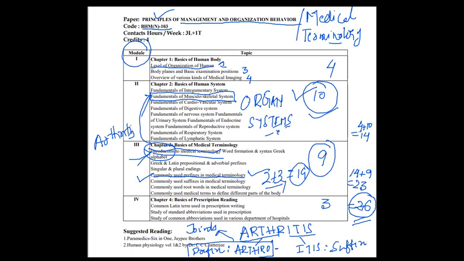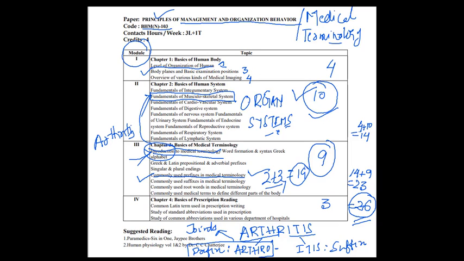Done. Once you do this, then you can move to body planes. In fact, in order to make a detailed idea of all the different systems of the body, you must go through the body planes, at least the preliminary ideas. Here in this video itself I can give you the concept of body planes.